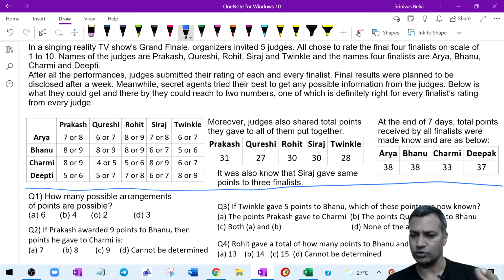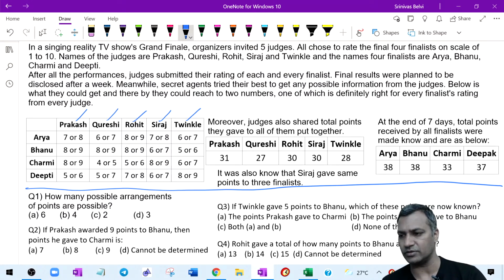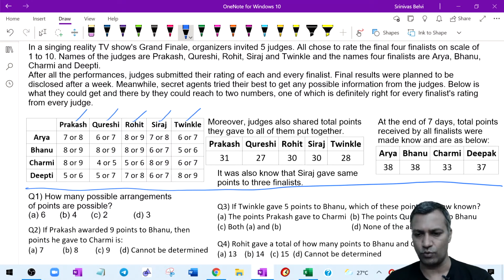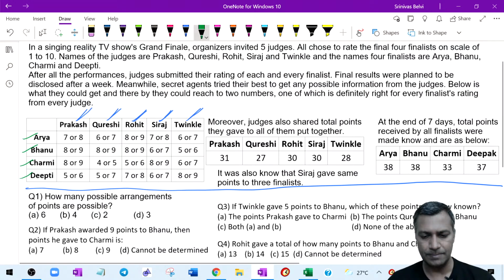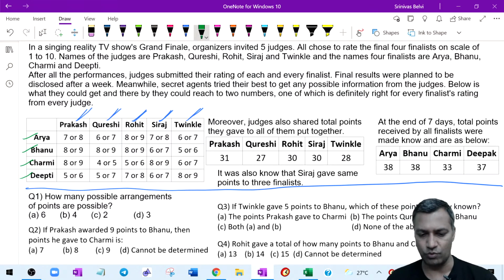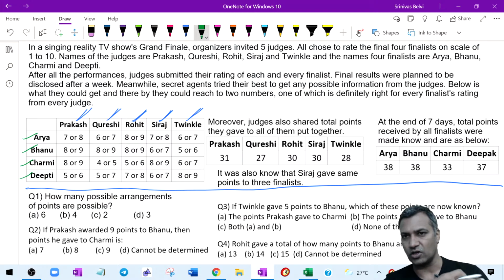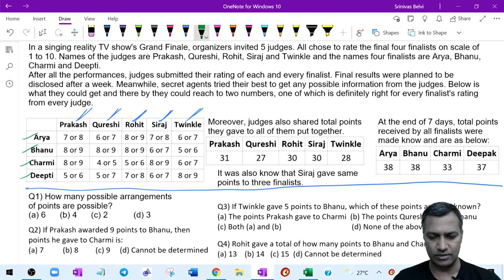So we understood the whole idea. There are five participants: P, Q, R, S, T. Four finalists have to be chosen, on a scale of 1 to 10. These are the five judges, 1, 2, 3, 4, 5. And we have four participants: A, B, C, and D. The judges have given points between 1 and 10.